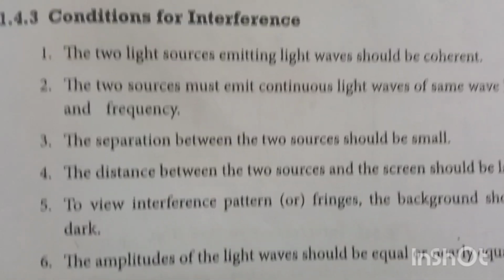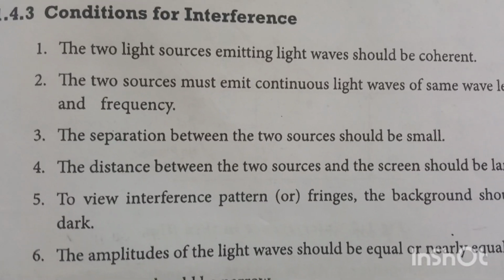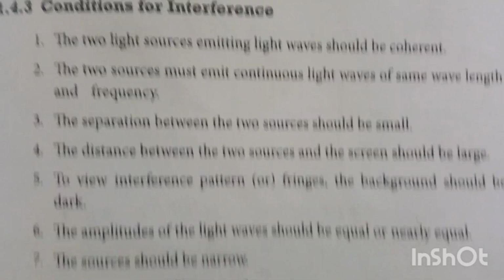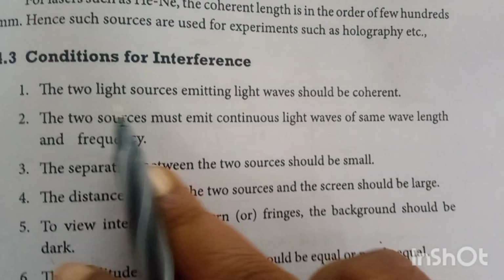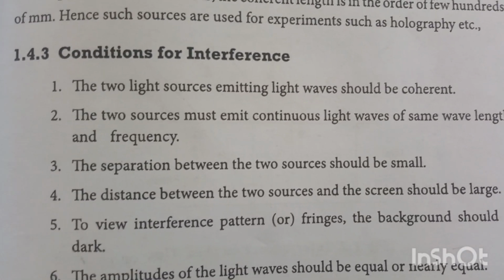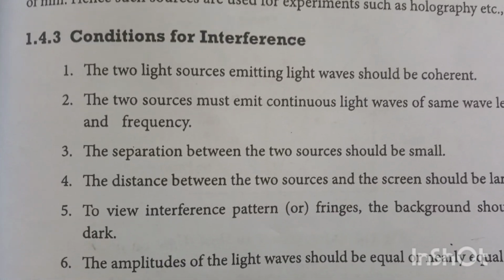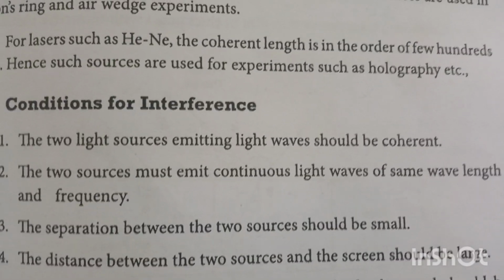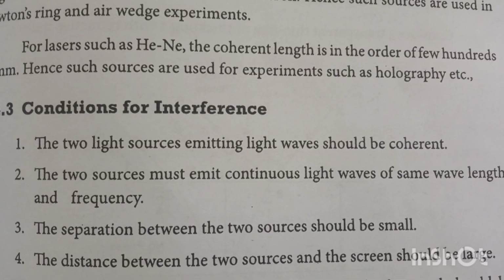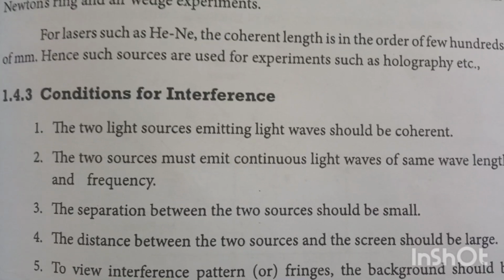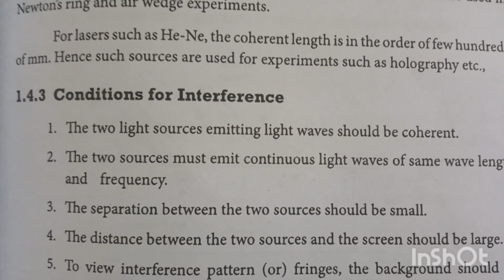So now let us see what are the conditions for interference pattern. The main conditions you can note down here. The two light sources emitting light waves should be coherent. Coherent means the two light waves have the same amplitude, same frequency, same wavelength and constant phase difference.